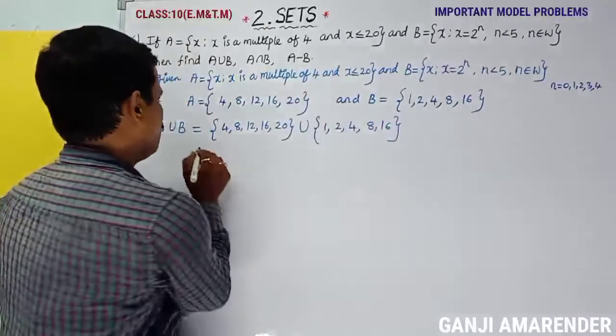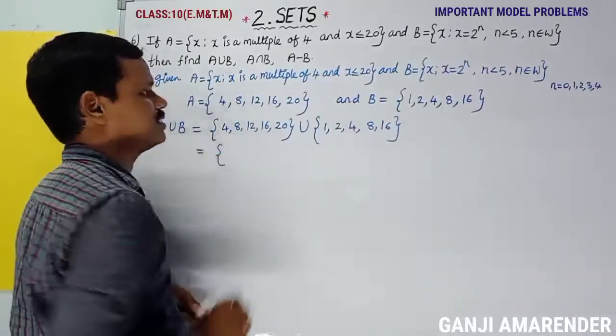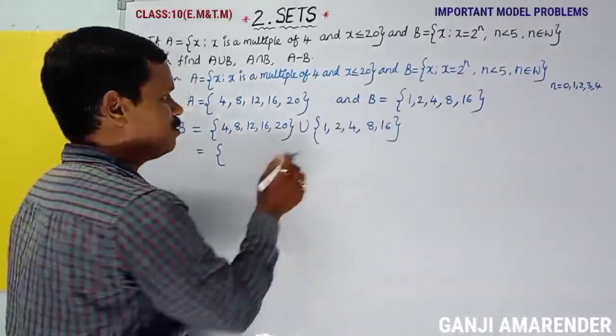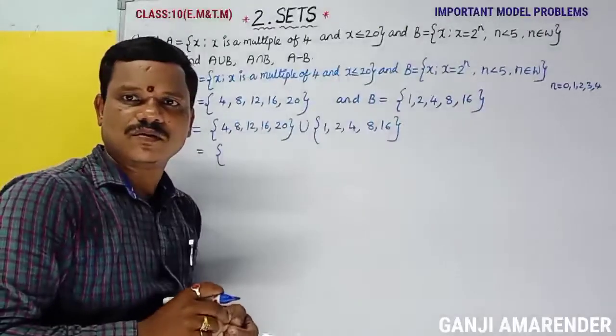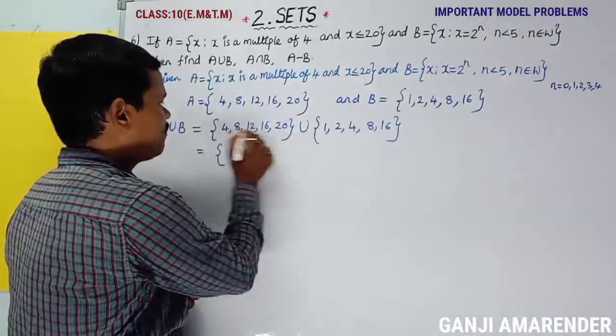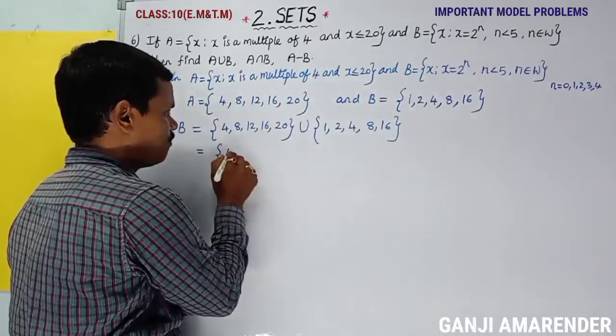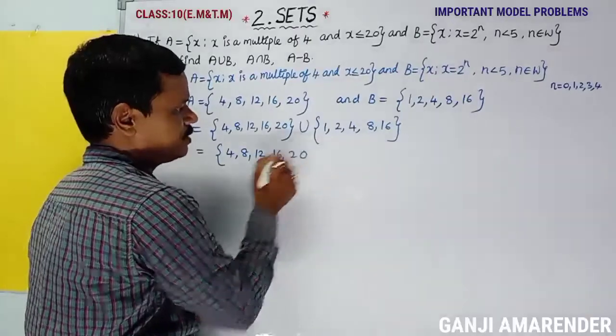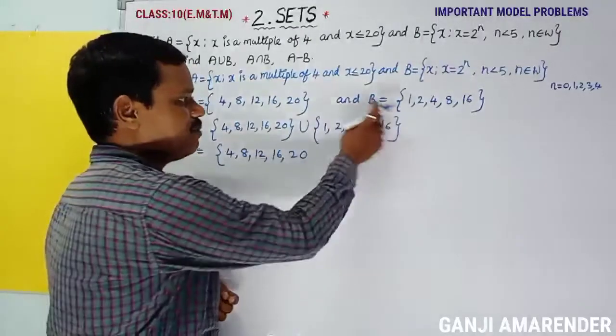Okay. A union B means write all the elements of A and elements of B, but don't write the repeated elements. Okay na, మనం రిపీట్ అయిన ఎలిమెంట్స్ని మళ్ళీ రాయకూడదు కదా. కాబట్టి ఫస్ట్ రైట్ ఆల్ ద ఎలిమెంట్స్ ఆఫ్ A: 4, 8, 12, 16, 20. Okay.